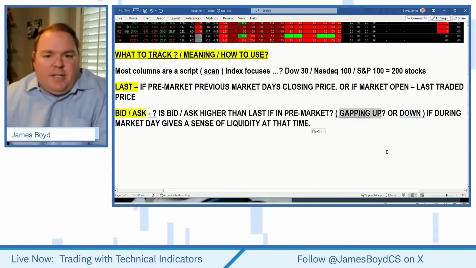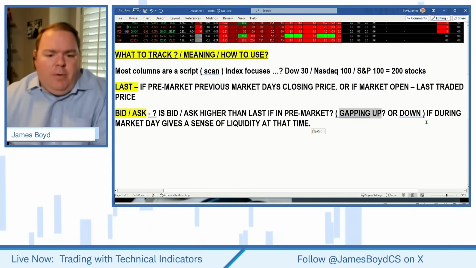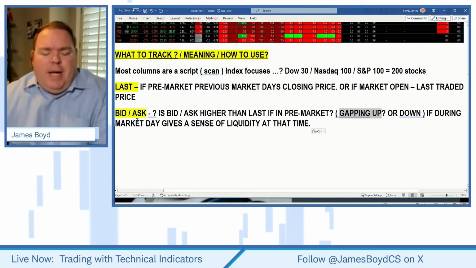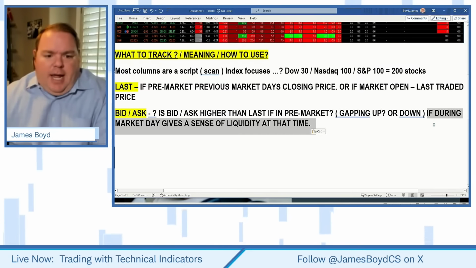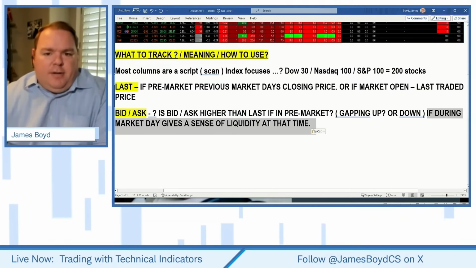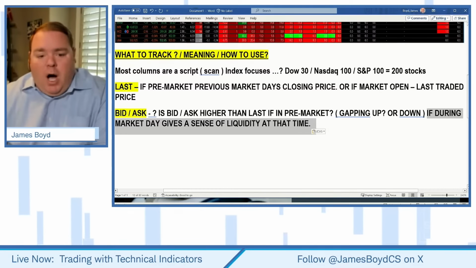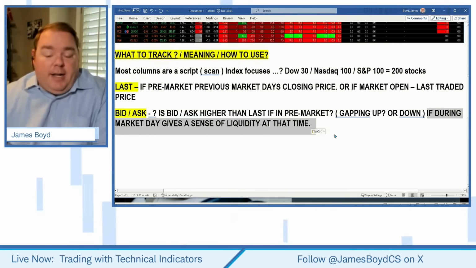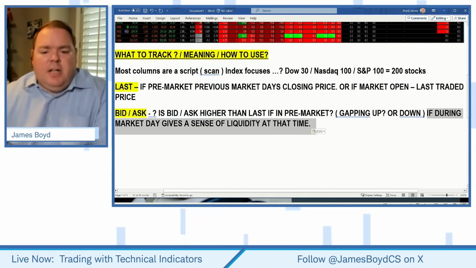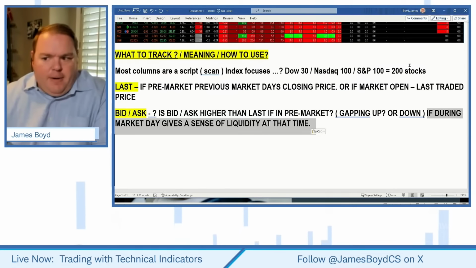Some investors like to see those stocks that could be gapping up, and could they continue to run, or could be gapping down. If we're looking at the bid and ask during the market day, that gives us a sense of liquidity at that point in time. So if the bid-ask spread is, let's say, a penny wide, it gives us an idea of what the liquidity is. If it's 5 cents wide, 10 cents wide, 20 cents wide, the wider it is, the less liquidity there is potentially at that time. Verify, okay?